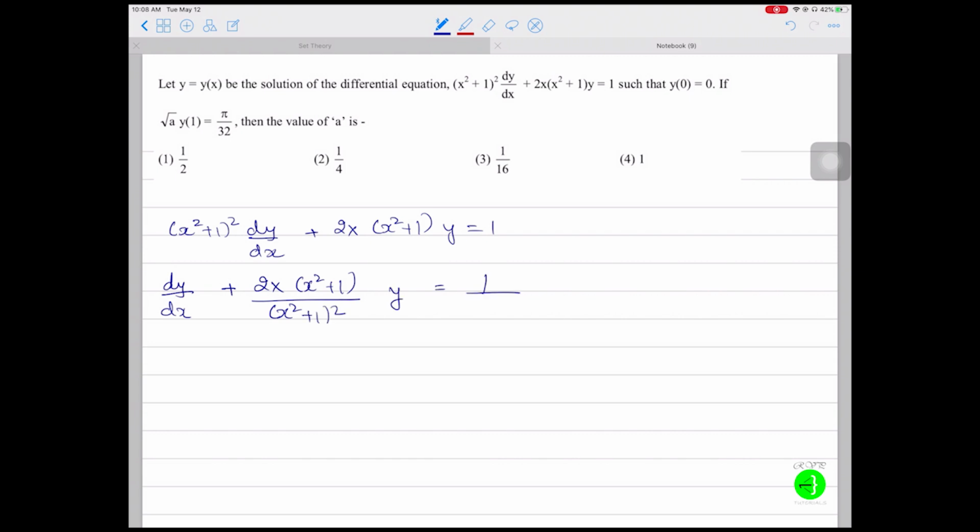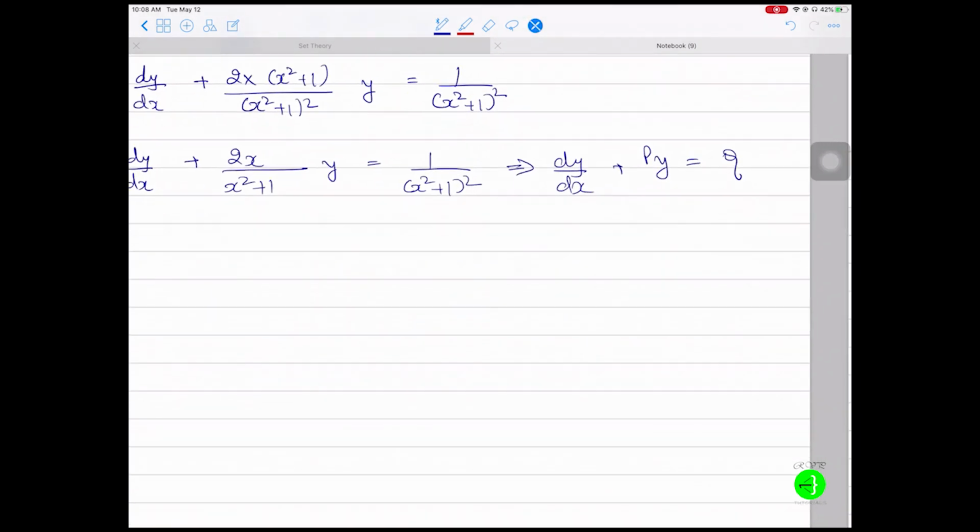So we are left with dy by dx plus 2x over x squared plus 1 times y equals to 1 over (x squared plus 1) whole square. And this equation is of the form dy by dx plus py equals to q. We know this is one of the linear differential equations and we can solve this by finding the integrating factor.